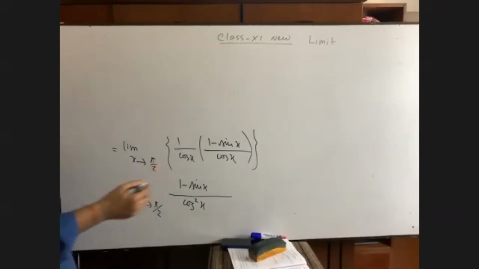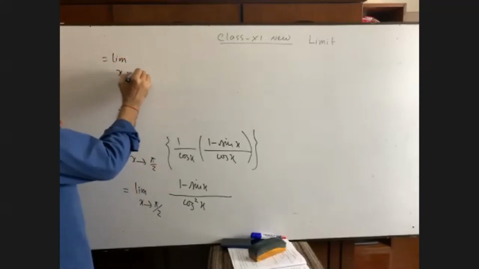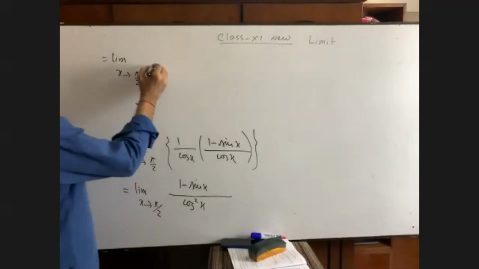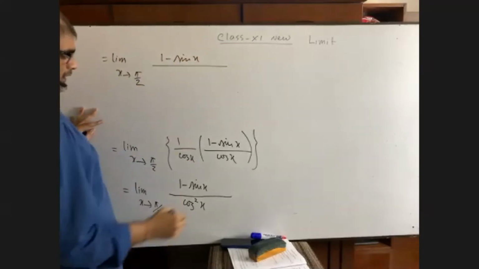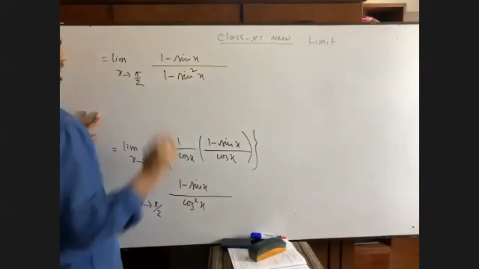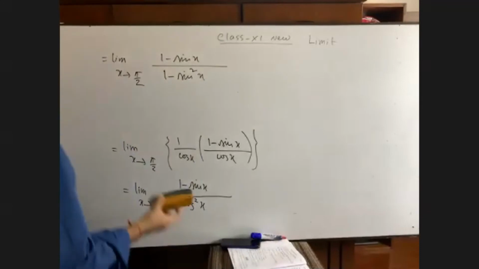Now you see, very easy and simple math. Limit x tends to pi by 2. Okay, what can be written here? 1 minus sine x, and it is 1 minus sine square x. Cos square x means what? 1 minus sine square x.